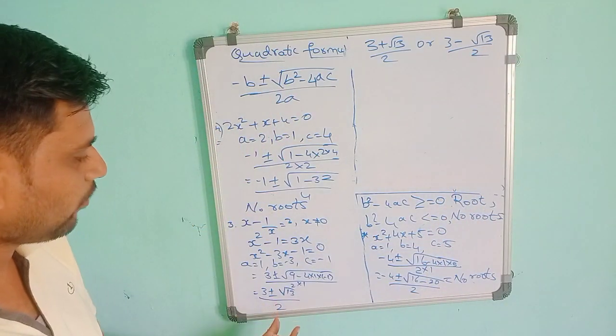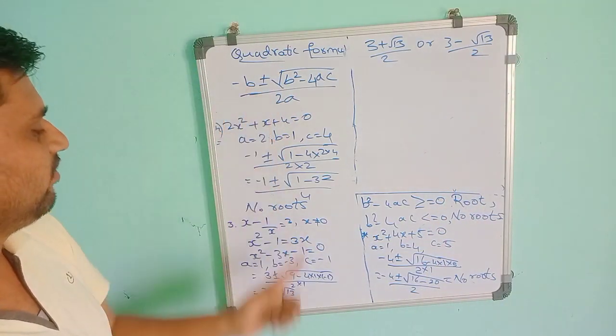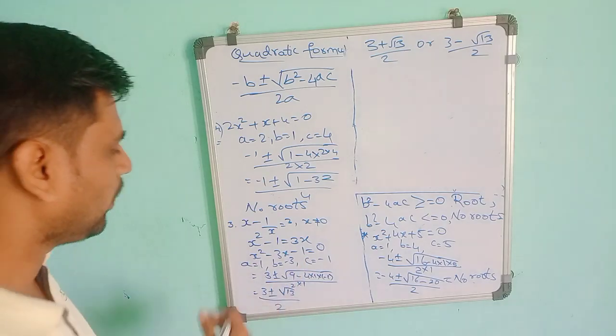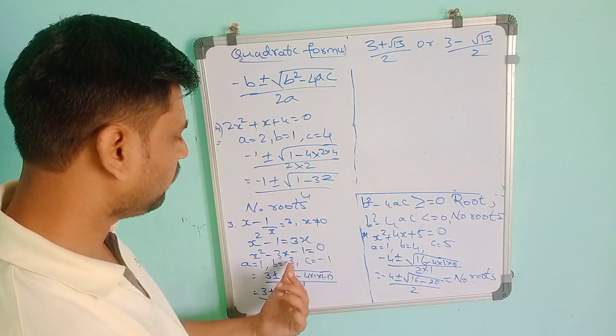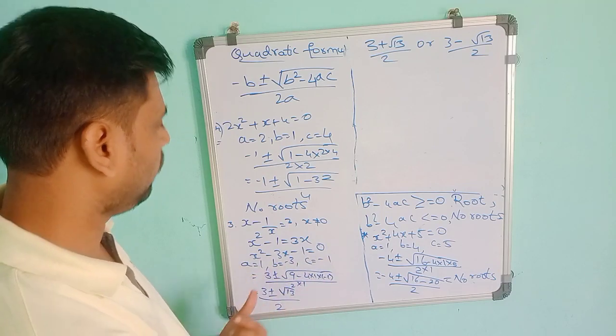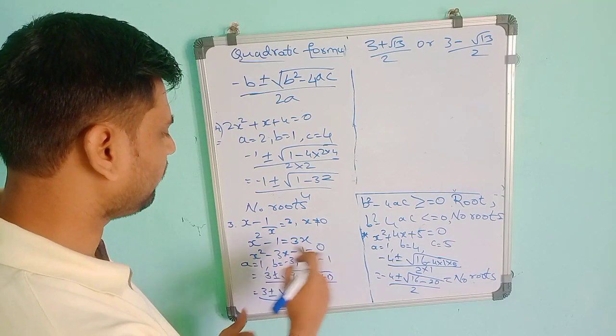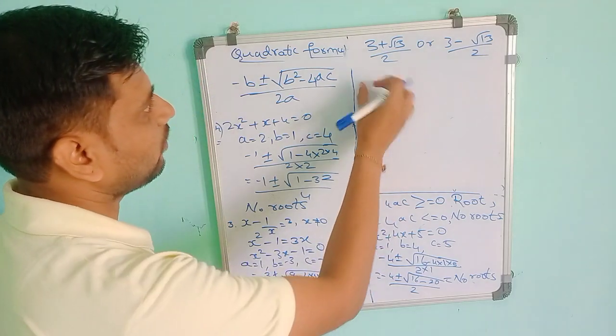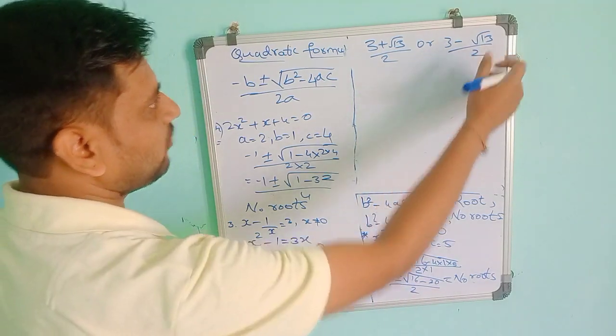Here plus or minus is there, and minus b is there, and b is already minus 3, so it will become plus 3. 3 plus or minus root of 3 square, which is 9, minus 4ac, 4 into 1 into minus 1. The a value is 1 here because x square minus 3x minus 1 is equal to 0. So the roots are 3 plus root 13 by 2 and 3 minus root 13 by 2.